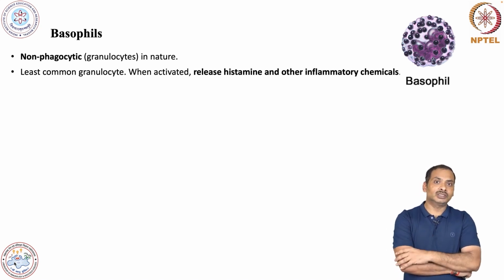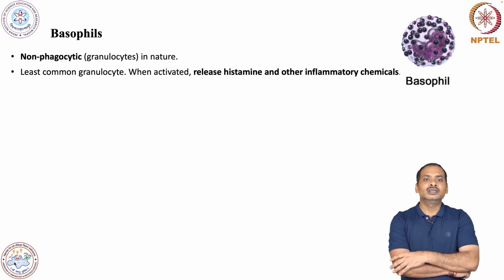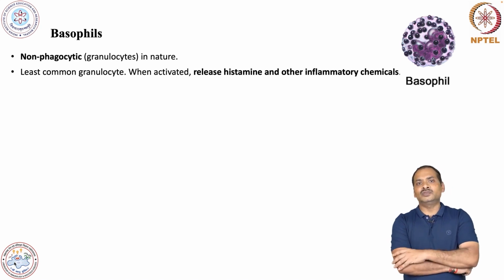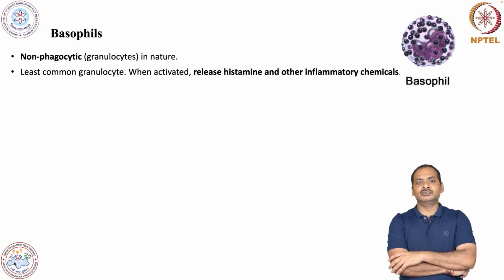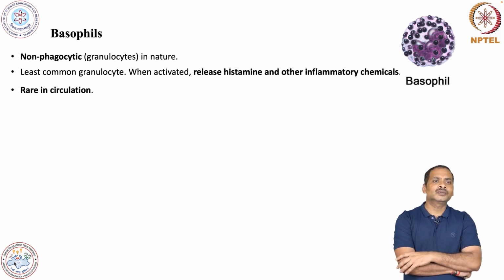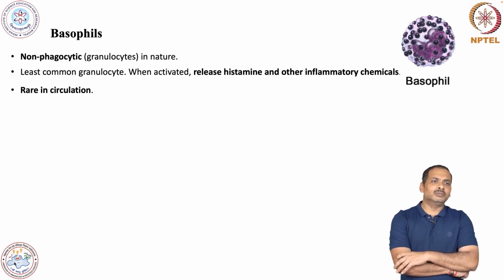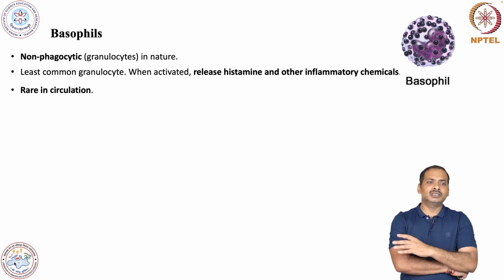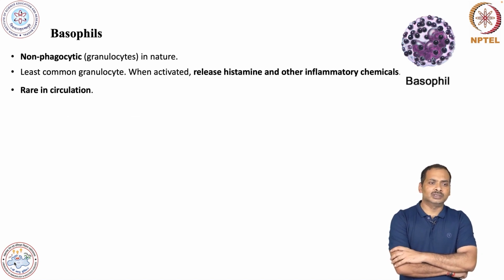We will discuss histamine and other inflammatory substances in a little more detail in a short while. Generally basophils are not so many in the blood. They are very rare, you will see very few cells in the blood. They are present, but very few in number.